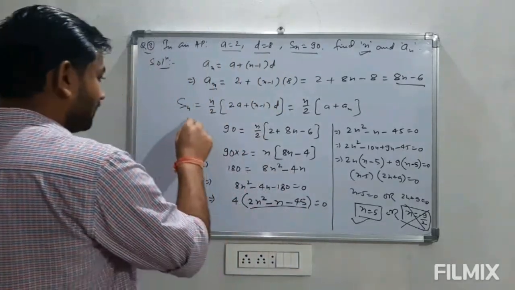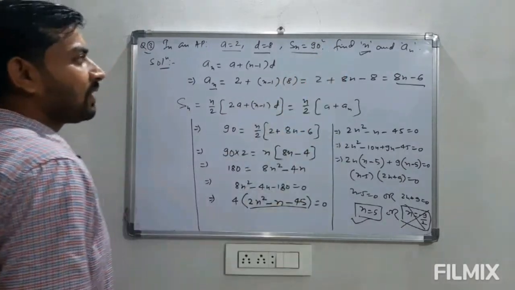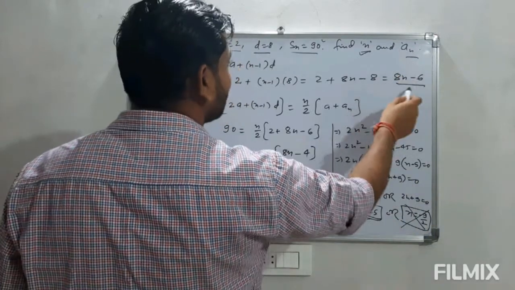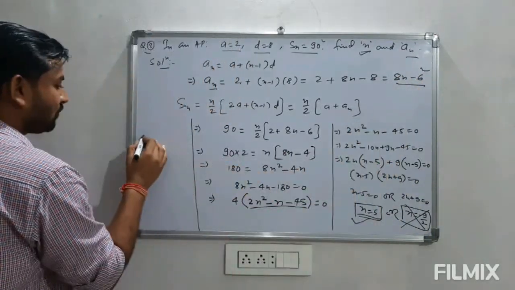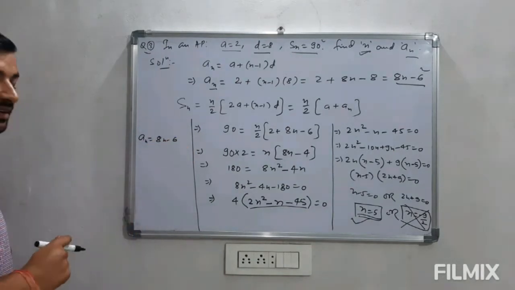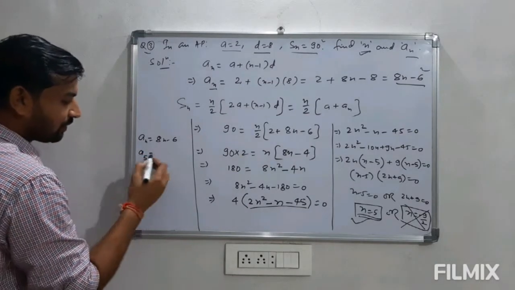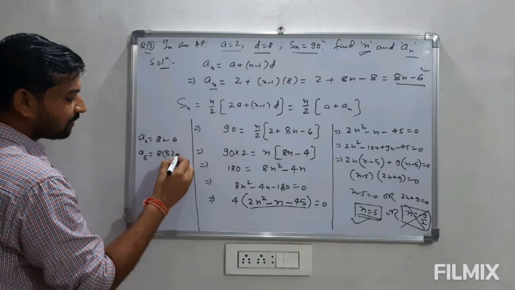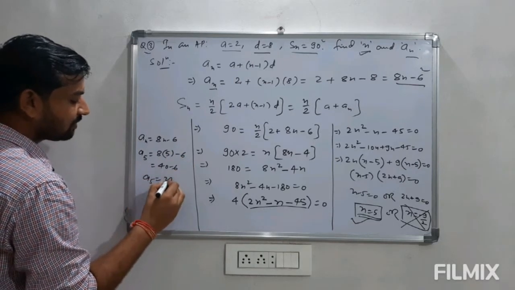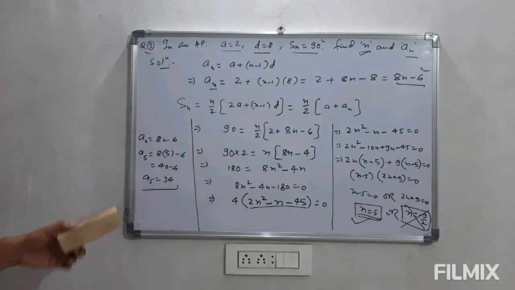Means the sum here is of 5 terms, so the value of n has come. Now we have to find an, which we have already calculated. Let us substitute the value of n in it. an was coming out to be 8n minus 6, so a5, the value of n is 5, so a5 will be 8 multiplied with 5 minus 6, that is 40 minus 6, so a5 is nothing but 34. The fifth term in this series is 34 here.